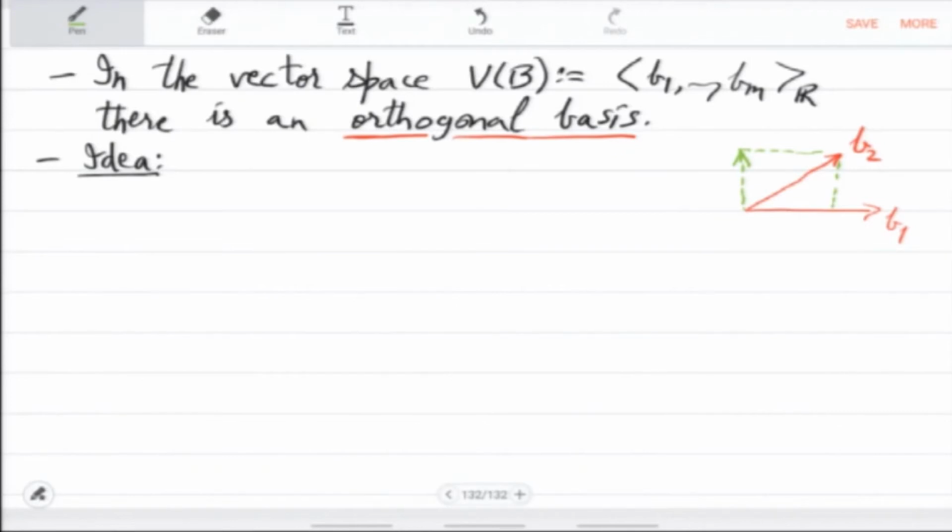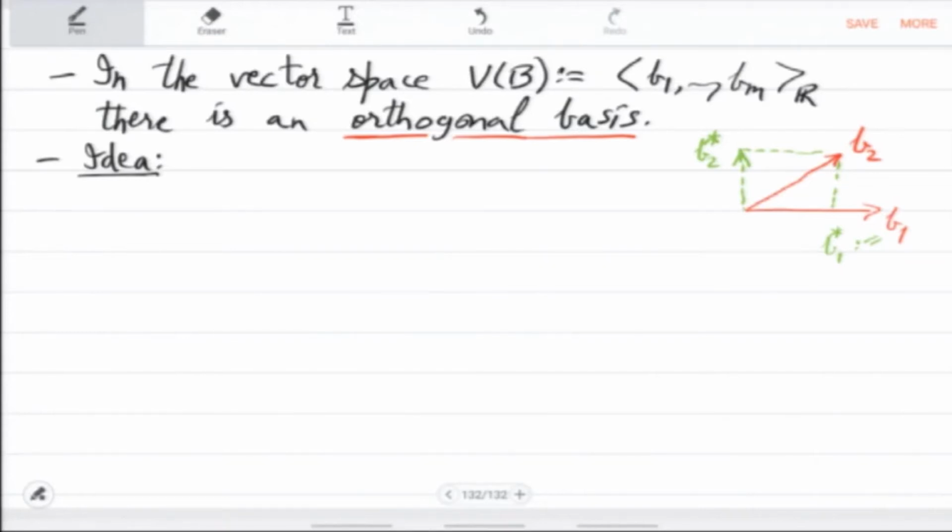Call this B2 star, and let us call B1 B1 star. So this is the starting point of the Gram-Schmidt orthogonalization algorithm.